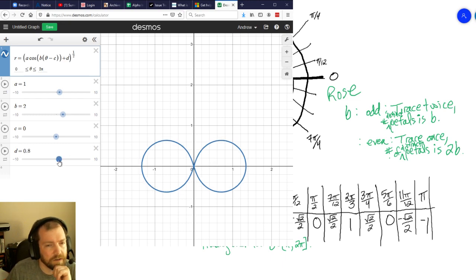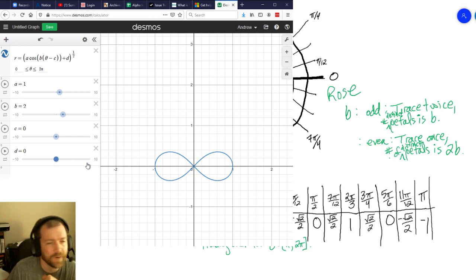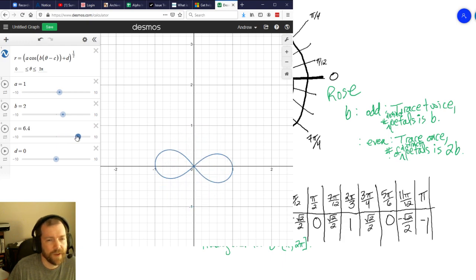Oh, d. Yeah, d's 1, that's why. When d's 0, that's exactly what we got. So this is the lemniscate shape, which the infinity symbol is. Or if you want, hourglass. All right, you can turn the propeller any way you want.